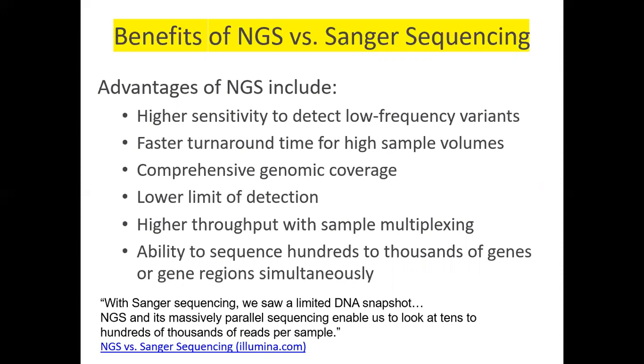Therefore, with Sanger sequencing we saw a limited DNA snapshot, whereas NGS, with its massively parallel sequencing, enables us to look at tens to hundreds of thousands of reads per sample. So that is the main benefit of NGS over Sanger sequencing.